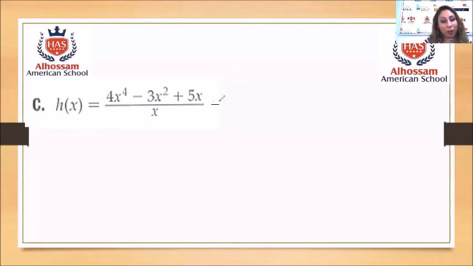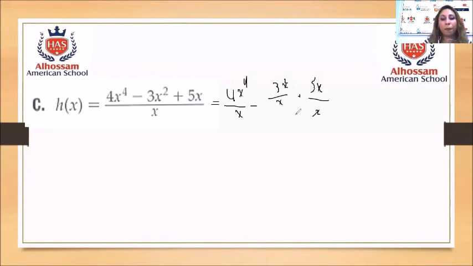First, we'll distribute the x. Perfect. So I have 4x to the power of 4 over x, minus x to the power of 2 over x. Perfect. Plus 5x over x. Perfect. Okay. The next step?